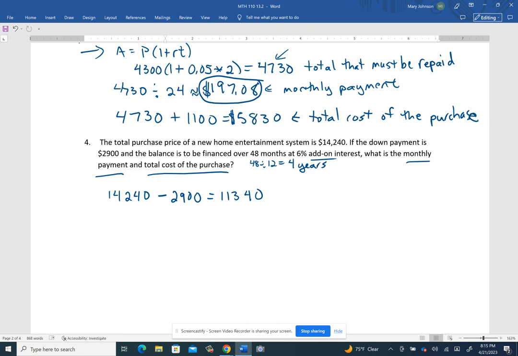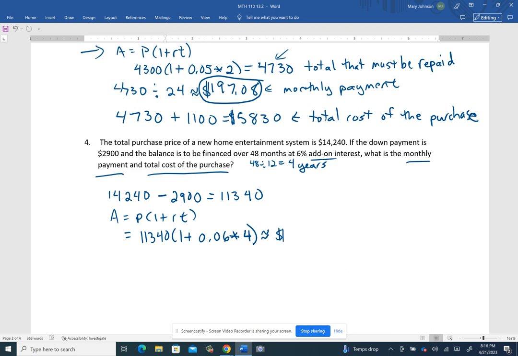Or I could use the formula A equals P times 1 plus RT, and calculate how much I need to repay. So I could take the amount financed and plug in the 6%, which would be 0.06 times, and here's where I needed the 4 years. And that would give me the total amount to be repaid.